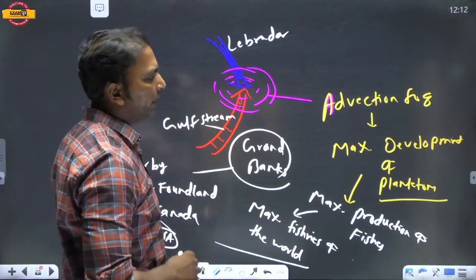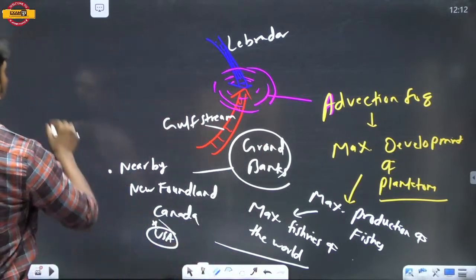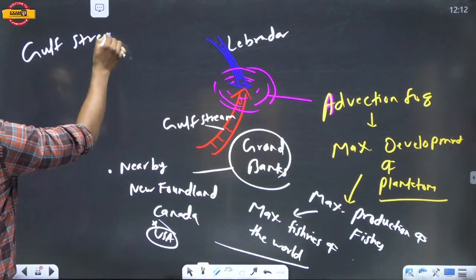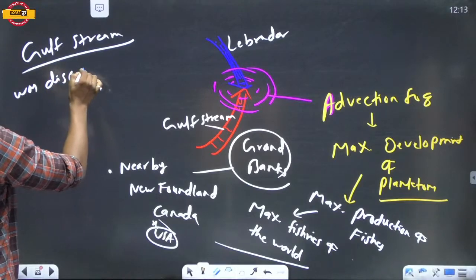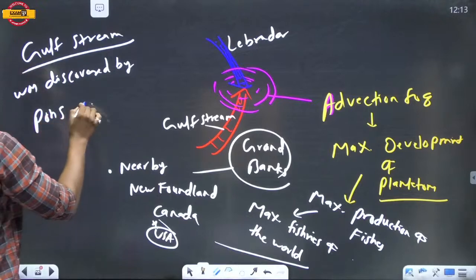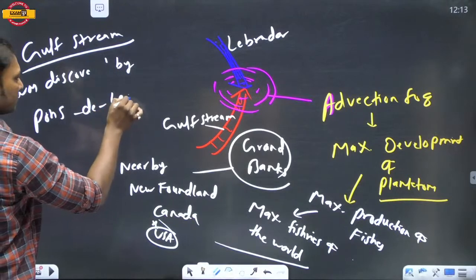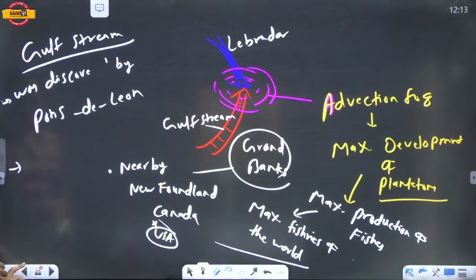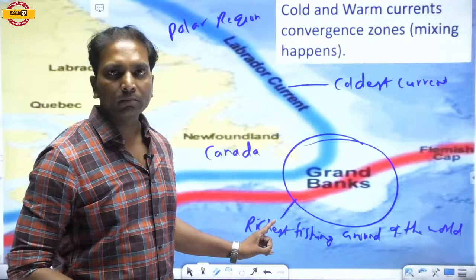Okay, here are some more points about the Gulf Stream. The Gulf Stream was discovered by Ponce de Leon, and it generates nearby Cape Hatteras, as I have said.